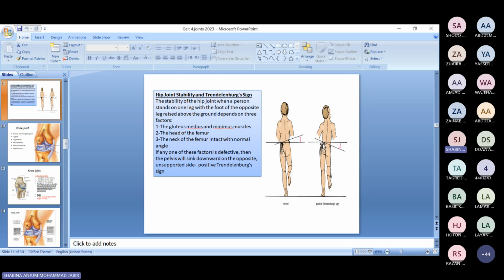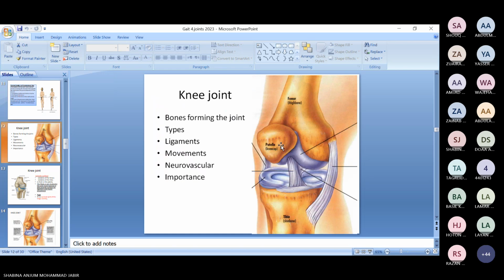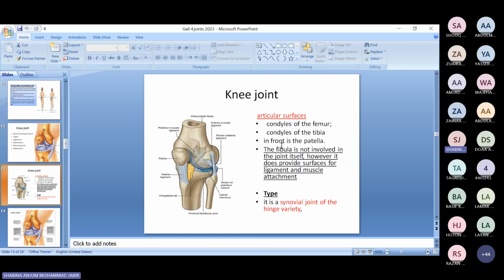So if there is a problem with the nerve or with the gluteus medius or minimus muscle, there will be sinking or dropping down of the hip during walking. Okay, so knee joint. What is the type of this joint? This is also a synovial joint of hinge type.